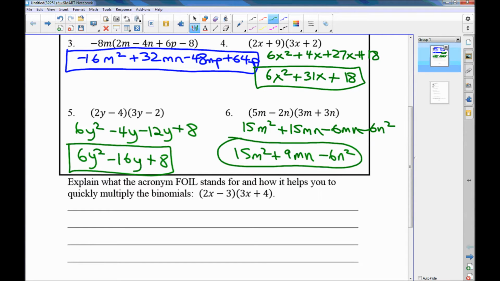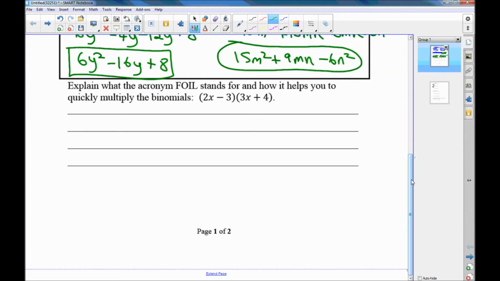All right, so explain what the acronym FOIL stands for and how it helps you to multiply these two binomials. So FOIL stands for first, outer, inner, and last. Okay?